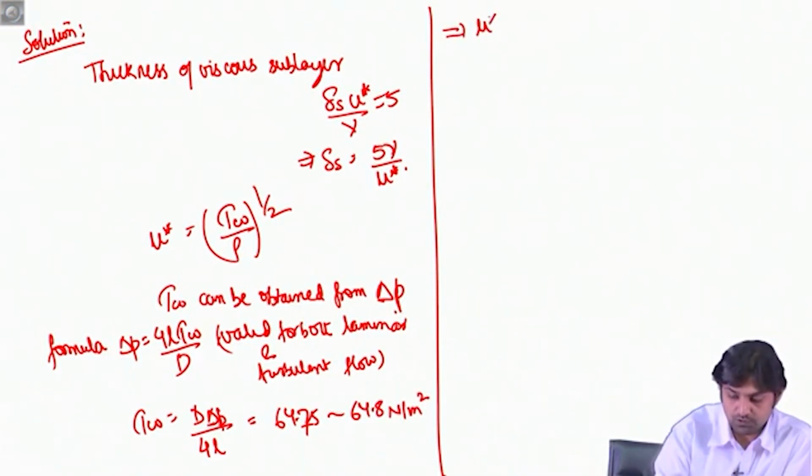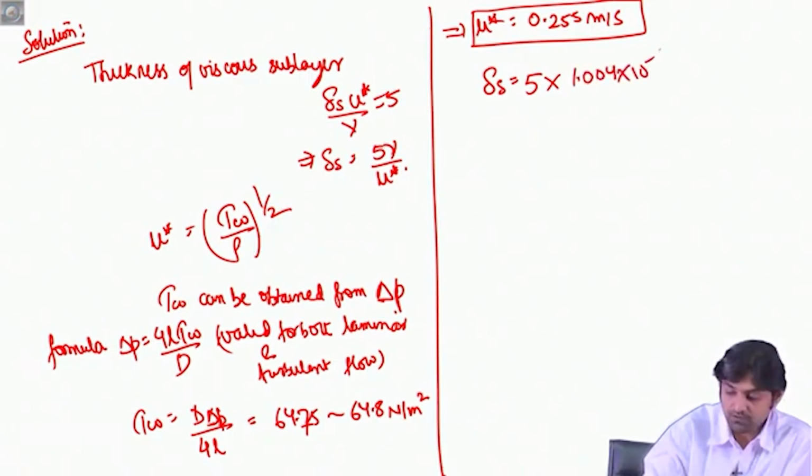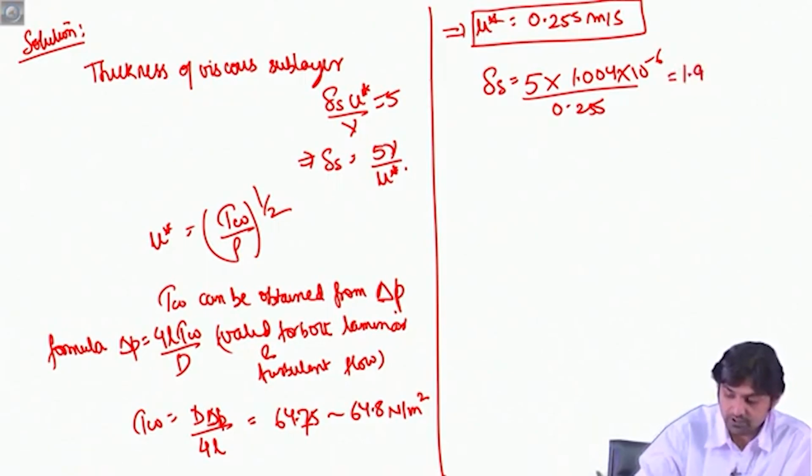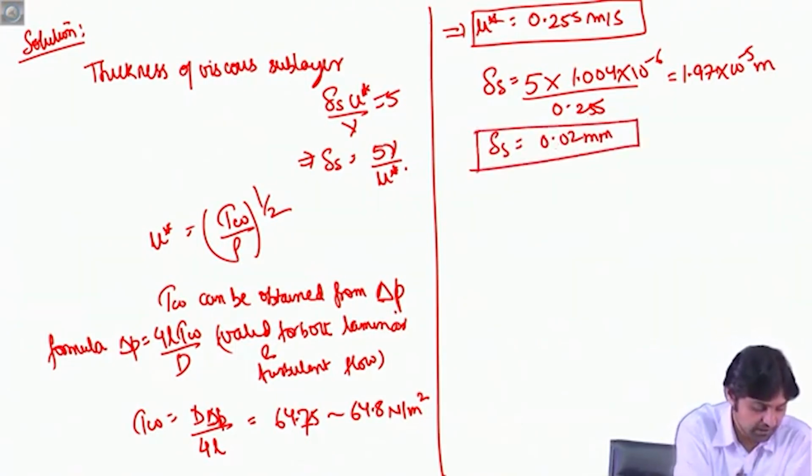Therefore we can get u star as 0.255 meters per second, and therefore the thickness of the viscous sublayer as 5 into nu, which was 1.004 into 10 to the power minus 6, divided by 0.255, and that gives us 1.97 into 10 to the power minus 5 meter, or delta S is 0.02 millimeters. So you see how thin this viscous sublayer is.